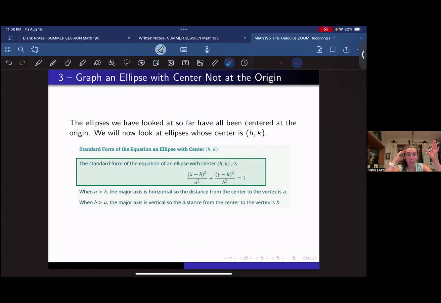And that h comma k represents our new center point, where again, it's now no longer at the origin. And if it is, then our h and our k is just 0, and then it just goes back to the whole x squared over a squared plus y squared over b squared equals 1.